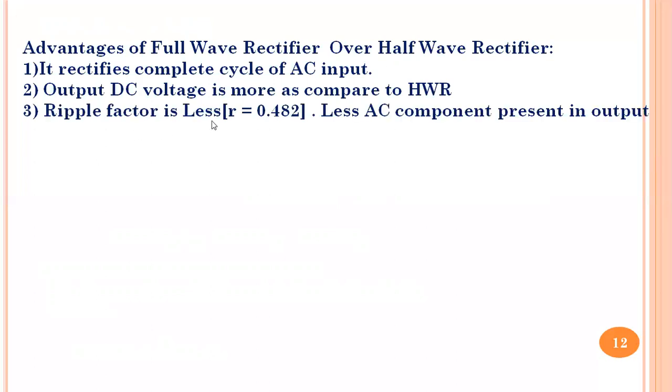Then the ripple factor is just 0.482, very small, less than the half wave rectifier. This means in the output of the full wave rectifier, a lesser amount of variation or AC component is present as compared to the half wave rectifier, as its advantage.